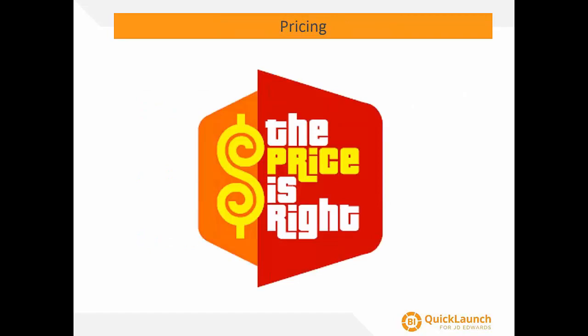But I can tell you our structure. We price by module, and there's a general foundation to get a lot of those conformed dimensions that are shared across modules, like the standard date dimension and time dimension, and then it's just by module.